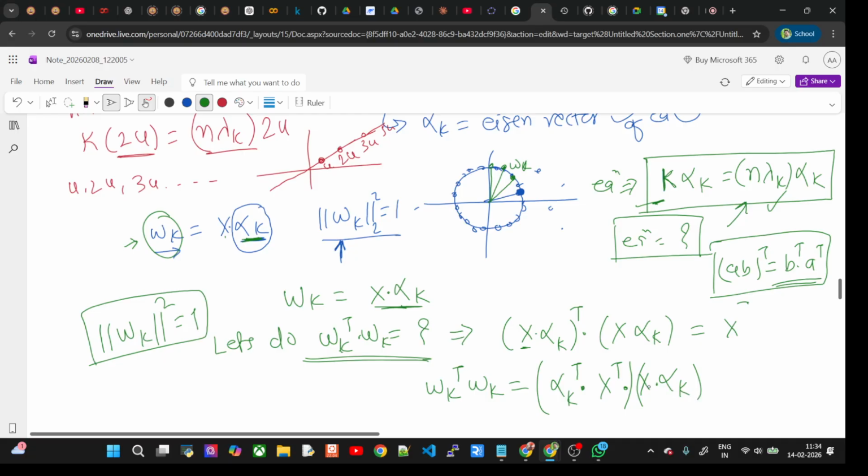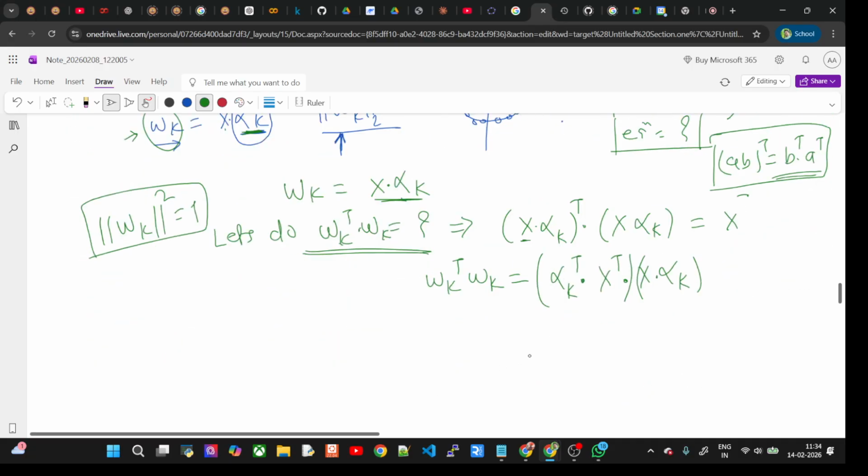But we already know this is the unit length, which is equal to 1, because we need wk's length to be 1. How do you write it for any vector? We generally write wk transpose into wk having unit length 1. So same way here, wk transpose into wk has unit length 1. That's all. You got 1 now.